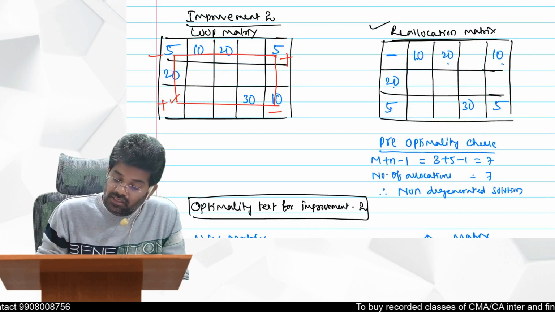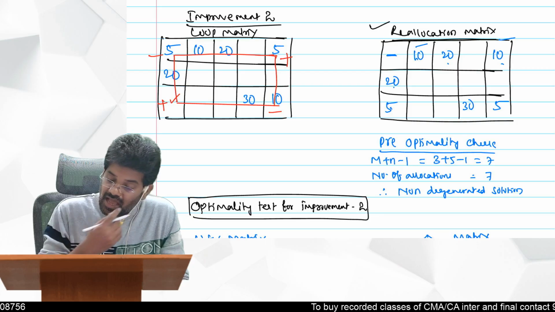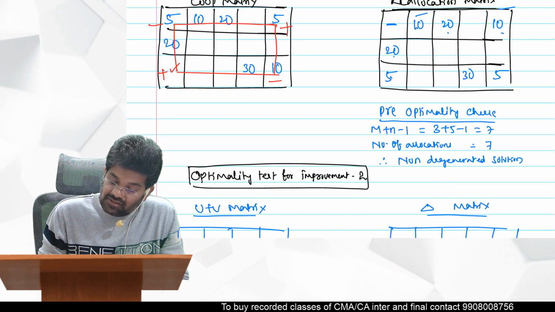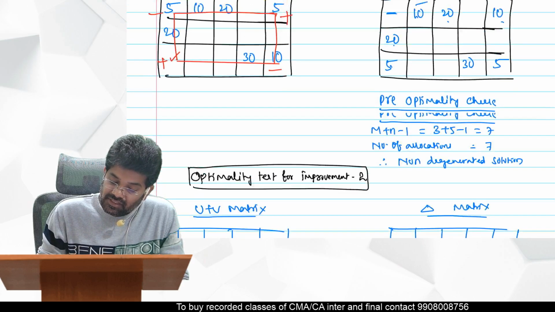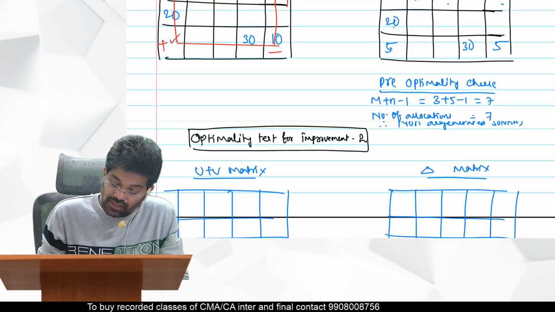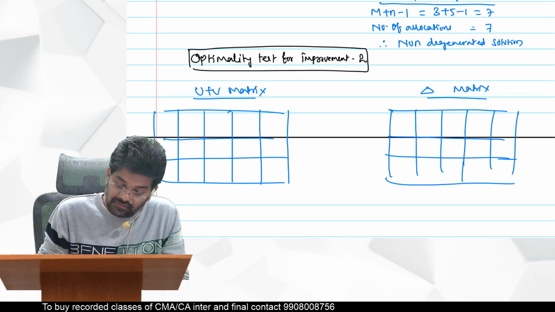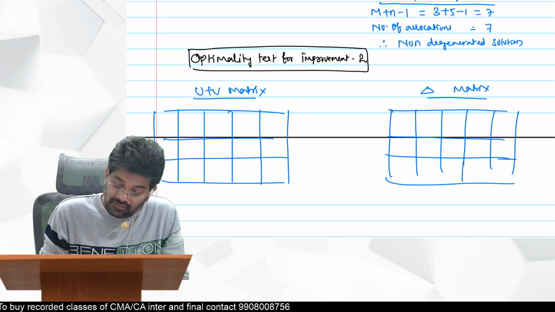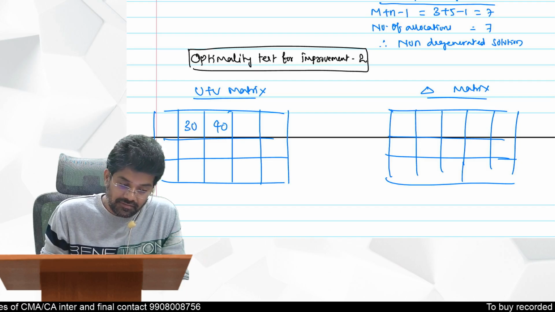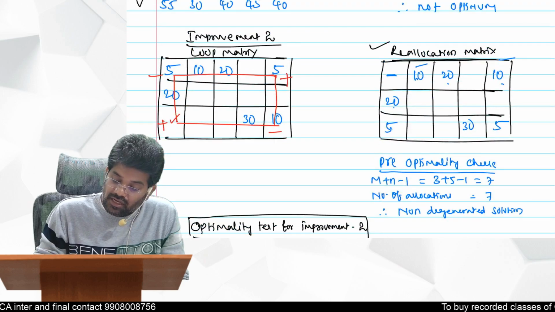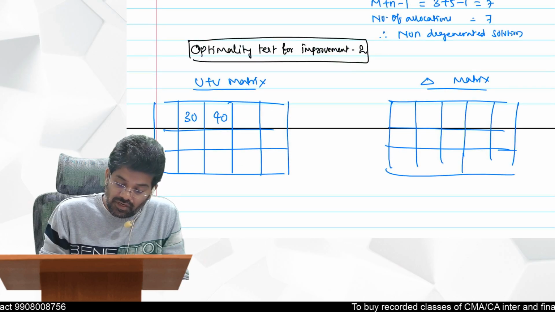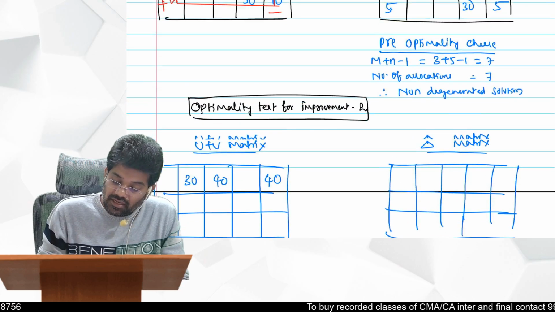Now wherever there is an allocation here, first you take the cost of those cells. Second one cost already we know, 30, 40, this is the allocation. And the third one, the last one is also an allocation. 40 is the allocation cost there.